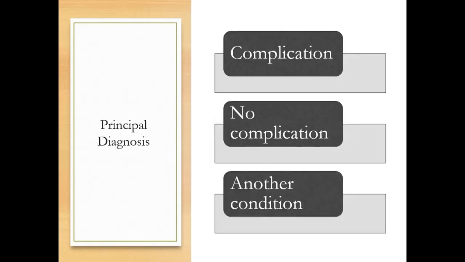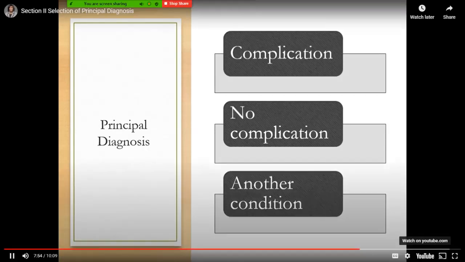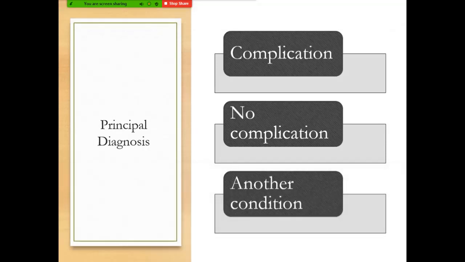All right, next up, we're going to look at admission from outpatient surgery. So when the patient is receiving surgery in the outpatient surgery department, and then they're subsequently admitted for continuing inpatient care at the same hospital, there are essentially three different considerations that we need to make. Number one, if the inpatient admission is for a complication, the complication is going to be sequenced as principal.